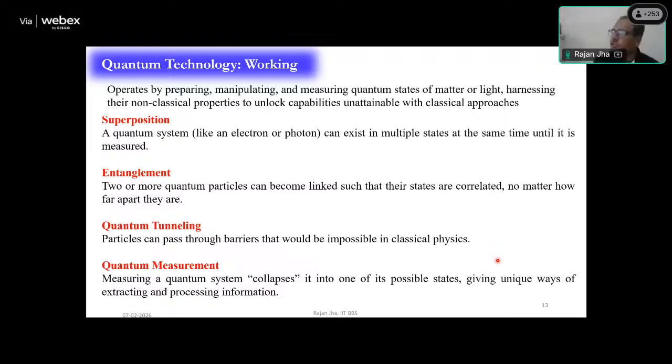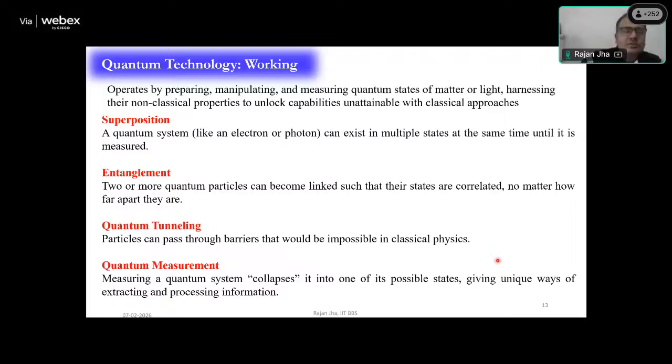Now, superposition, if you see, there's a difference between addition and superposition. In superposition also you do add, but superpositions are associated with vector quantities, unlike addition, which is associated with scalar quantities.